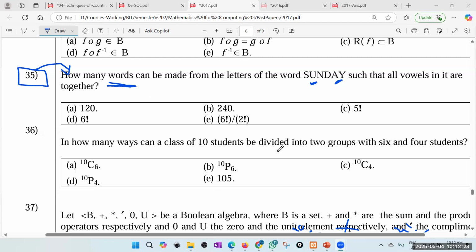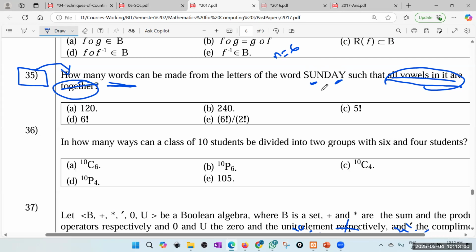Now remember, if you don't have the special condition, that is all vowels together, of course, that is a very easy question. So that means you have distinct elements, and n is, without considering this condition, 1, 2, 3, 4, 5, 6. We have S only once, U only once, N only once, D only once, A only once, Y only once.